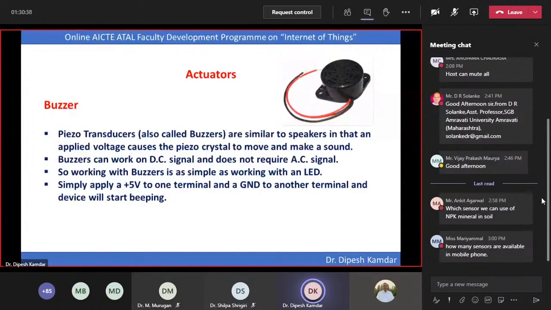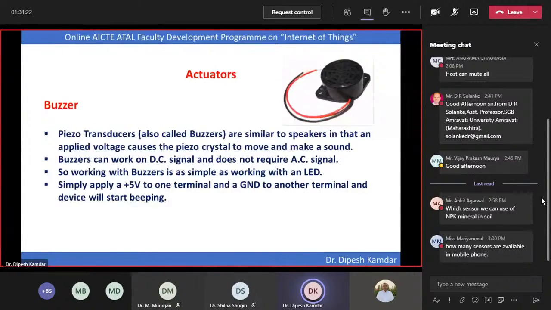It can be used for indicating to people that something has happened. If you have a gas sensor connected with your controlling device and it finds a gas, you can alert people by actuating the buzzer. The buzzer will generate beeping sounds, and the people in the nearby area will be able to hear that, so we can have an alert system. Its working principle is as simple as an LED. You just give the supply and it will start beeping.